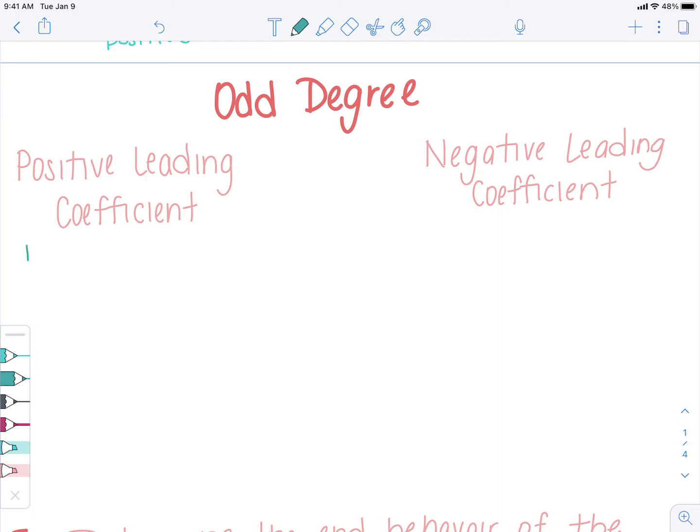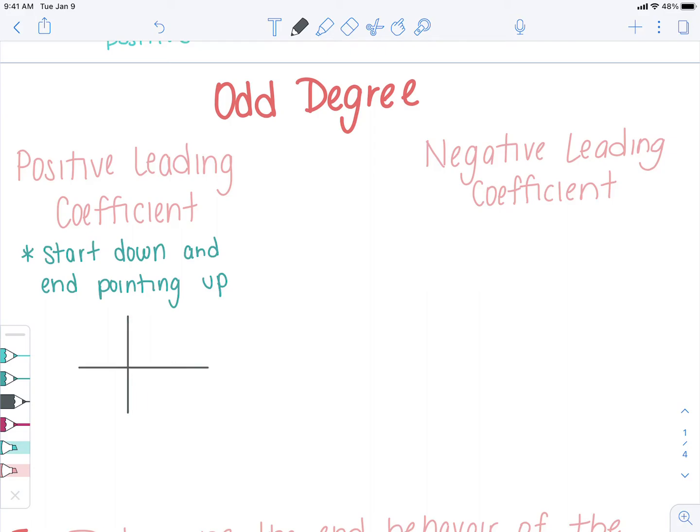So this is going to start pointing down and end pointing up. So if we were looking at a picture of that, the left side is pointing down, the right side is pointing up, and something is happening in between.